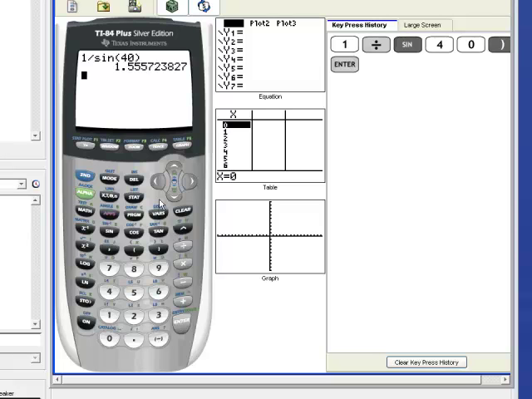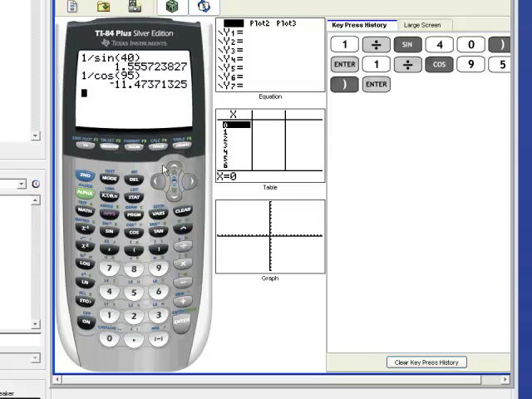As said, the cosecant is always larger than 1 or smaller than -1. Let's, for example, try the secant of 95 degrees. So we do 1 divided by cosine of 95 degrees. And we come indeed up with -11, which is definitely less than -1.